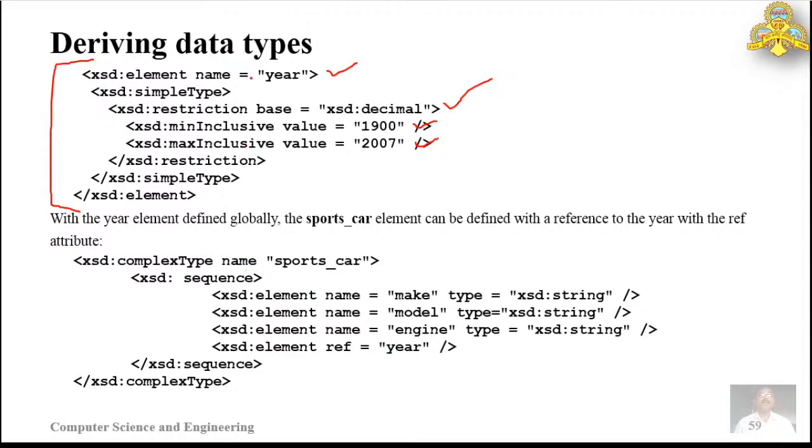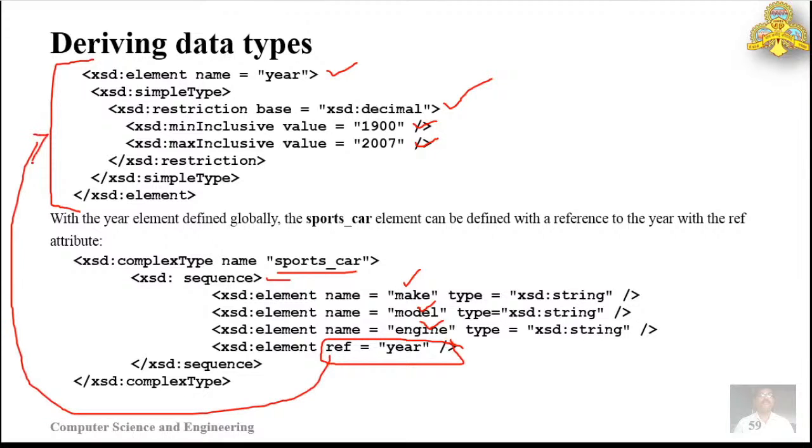I will derive this in another complex type. See, the complex type name here is sportscar. I have given a sequence, similar to the one in the previous slide, that is make, model, engine. But here I am deriving the existing one by using the attribute ref equals year, and this is the definition taken from the existing data type used in the complex type.